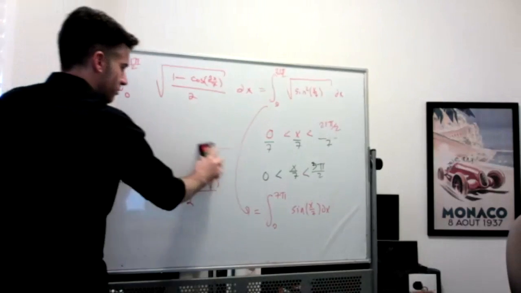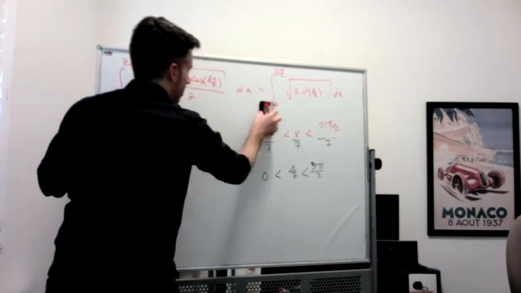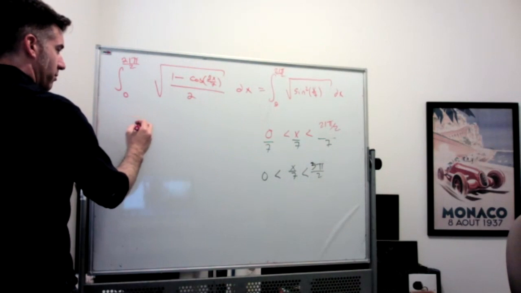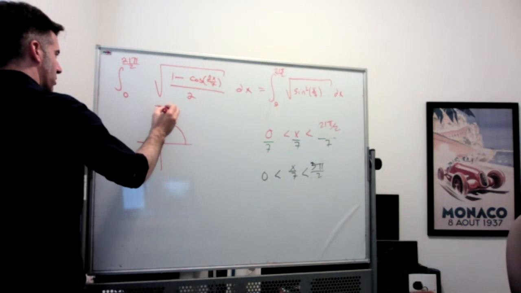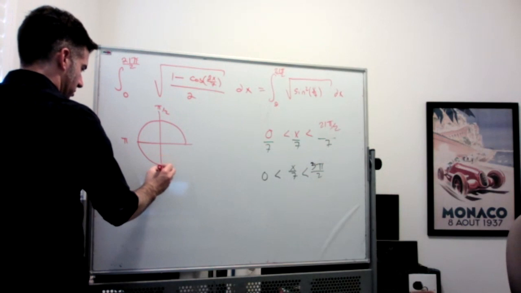And I think I'm going to erase this here. What that means for us is that we're going from 0 to pi over 2 to pi to 3 pi over 2.